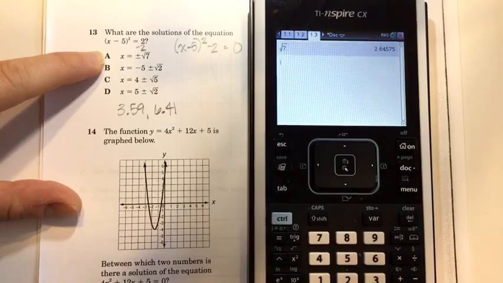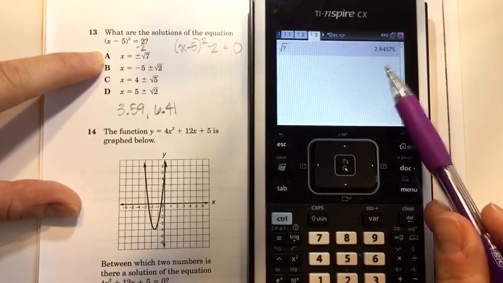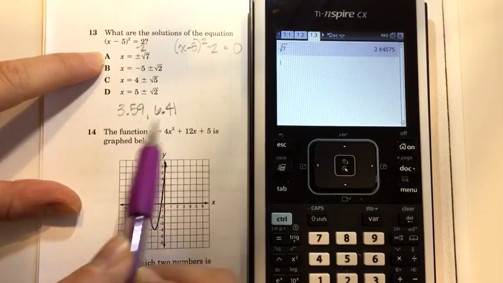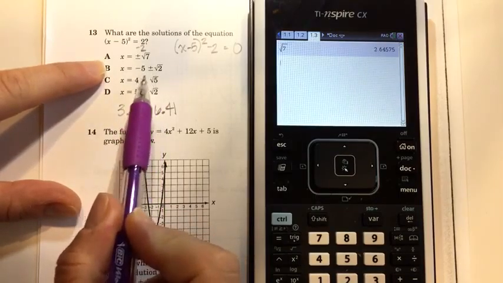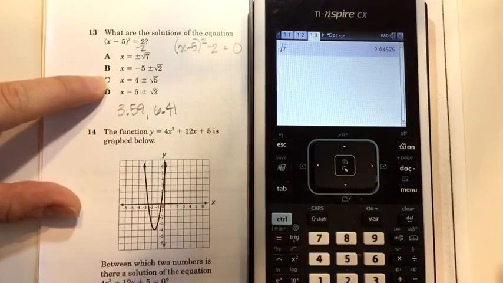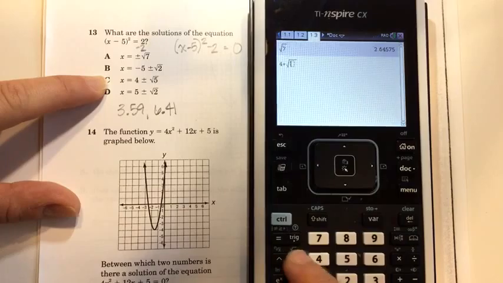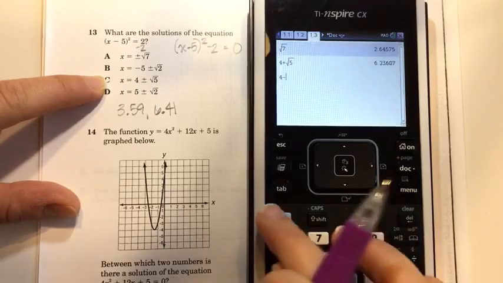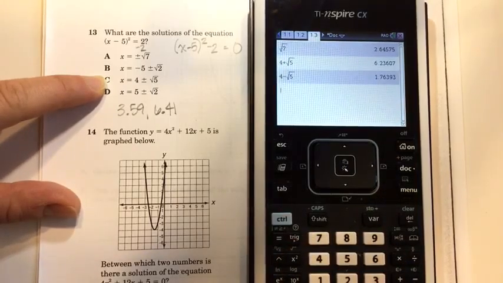If I do the square root of 7, 2.64, that's not either of mine. And then negative 2.64 doesn't match. I'm betting this negative is not going to give me these two positive numbers. So let's check C. 4 plus the square root of 5. Remember, this is 4 plus the square root of 5, and then it's also 4 minus the square root of 5.